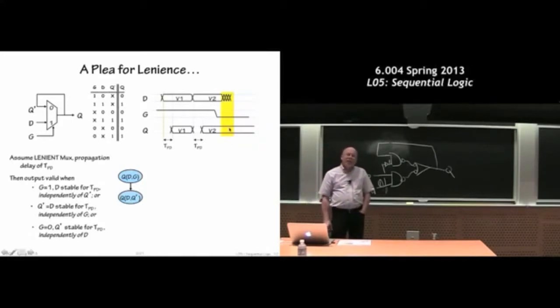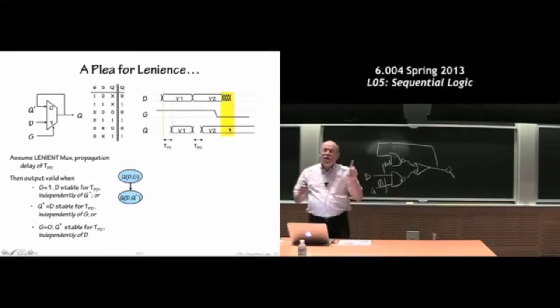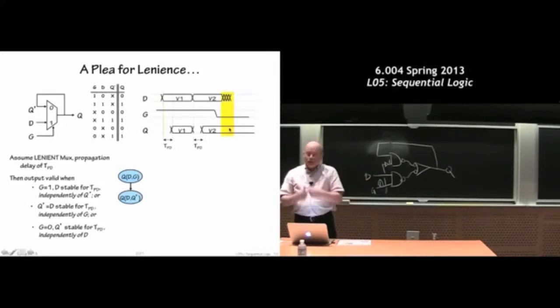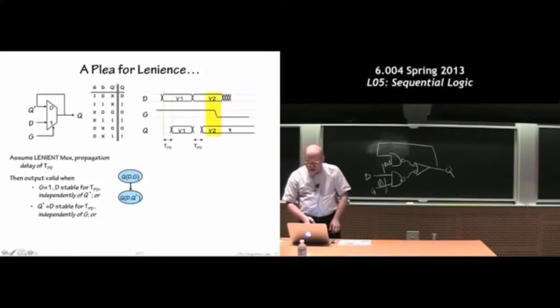Everybody happy? Are there questions about this transition from loading it up to going into this positive feedback loop mode, and that by using a lenient multiplexer in our latch circuit, we've avoided the problem of it suddenly forgetting everything? We're relying on this middle region here.